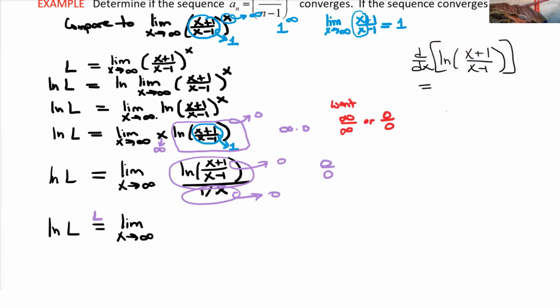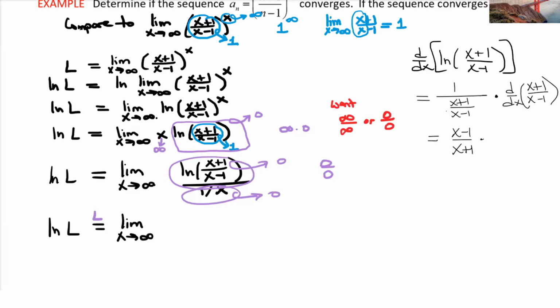The first thing is anytime you take the derivative of the natural log, you're just going to take the reciprocal, right? 1 over. So that's going to be 1 over (x plus 1 over x minus 1). But by the chain rule, we then have to multiply by the derivative of that. So the reciprocal of x plus 1 over x minus 1 is x minus 1 over x plus 1.